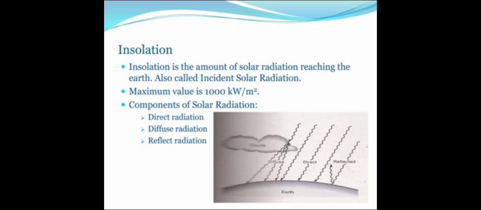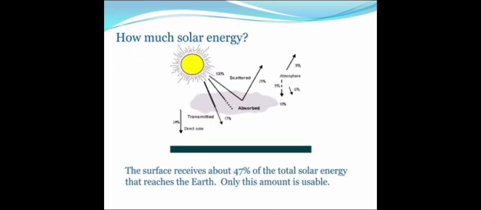So as I already said, out of all the energy emitted by the sun, only a small fraction of energy is absorbed by the earth. In this picture we can clearly see that 100% of sunlight is coming from the sun and only 70% is absorbed and 24% directly used. The remaining 30 or 40% of the sunlight is scattered or remains unused.